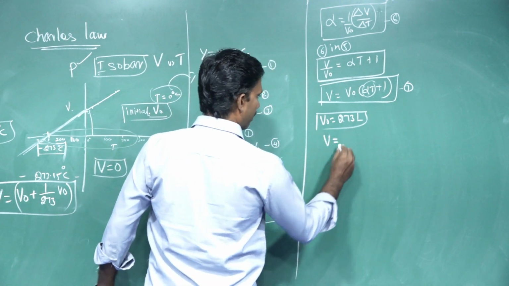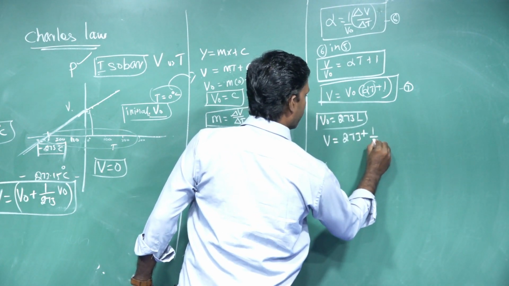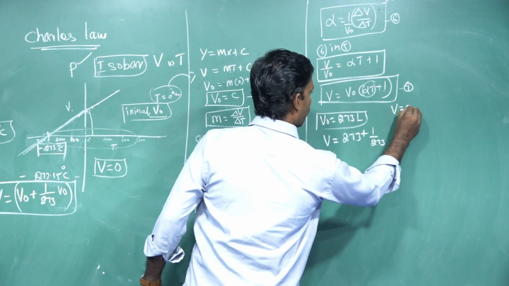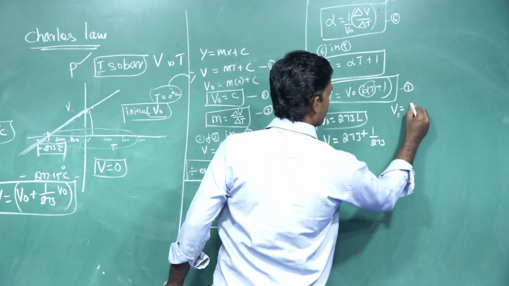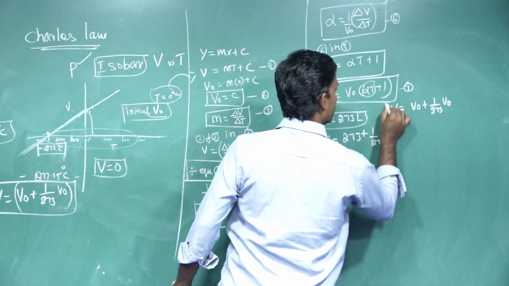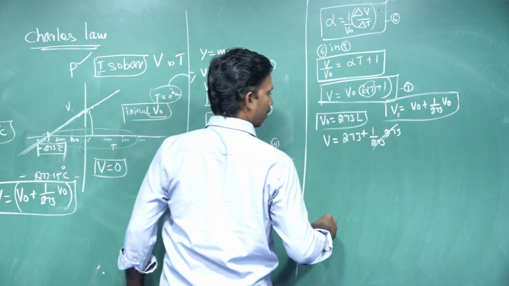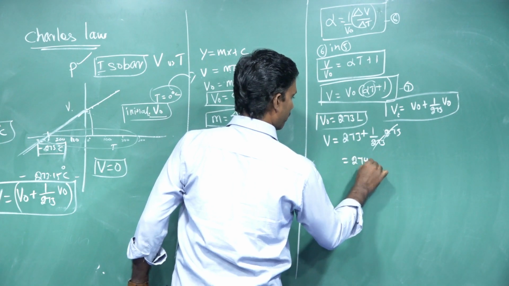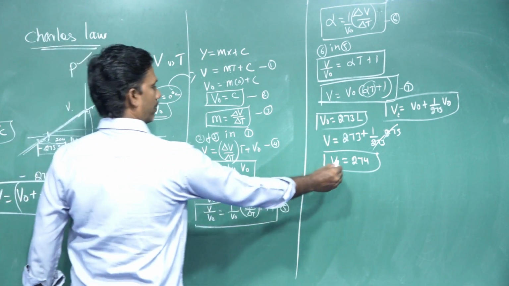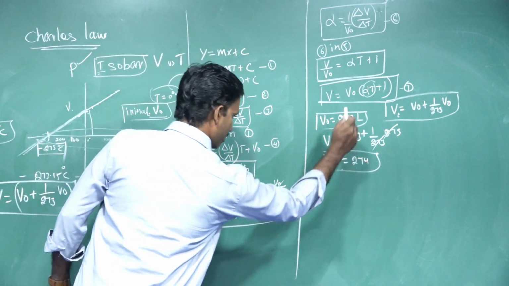V equals V0 plus 1 by 273 of the initial volume V0. This is the formula we use. With V0 equal to 273, the volume becomes 274. The volume expanded from 273 to 274.